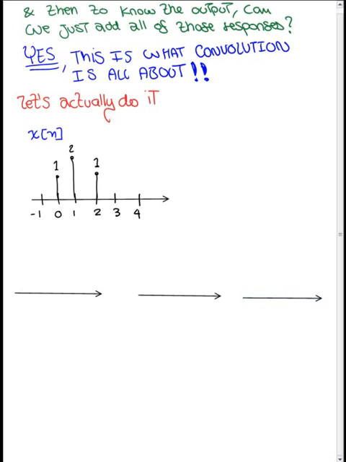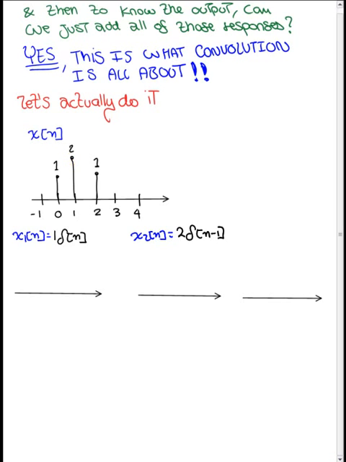For convenience, we're going to name this one x1 of n, which is simply 1 times an impulse at 0. Then x2 of n is 2 times an impulse shifted by 1.